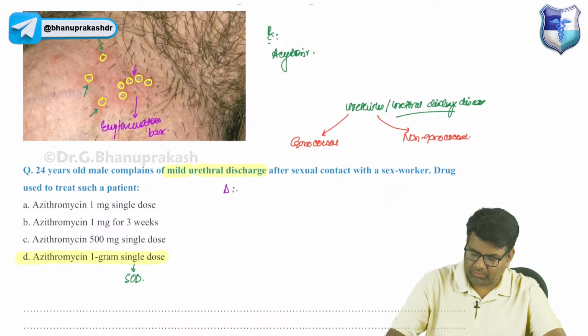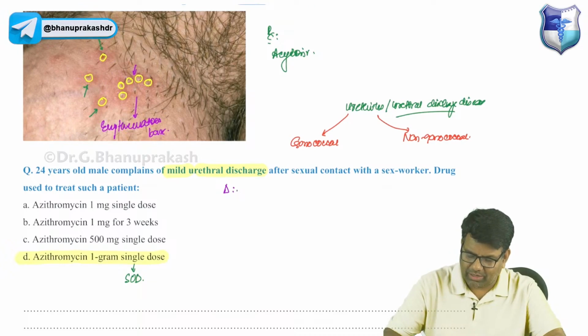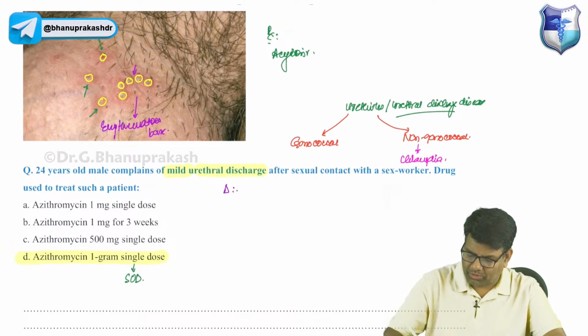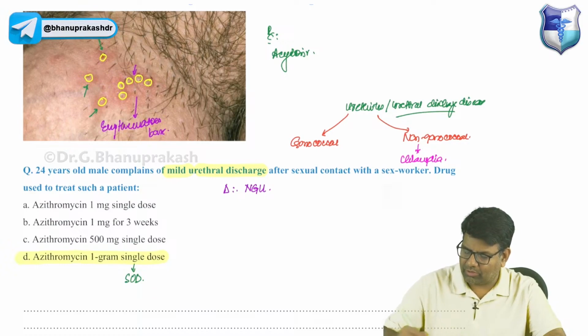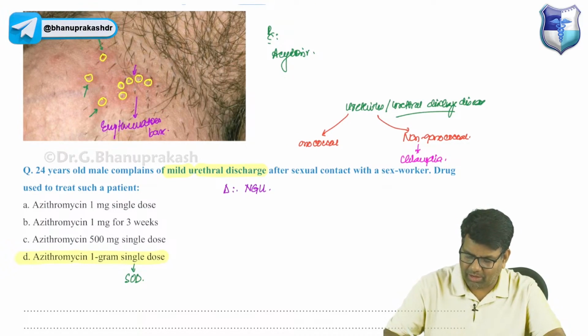Gonococcal, as the name suggests, is because of Neisseria gonorrhoeae, and non-gonococcal is caused by chlamydia. So this is a classical picture of non-gonococcal urethritis. And how do we clinically differentiate? We look for the kind of discharge. In gonococcal, what kind of discharge do you see?